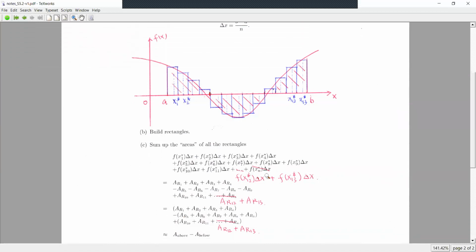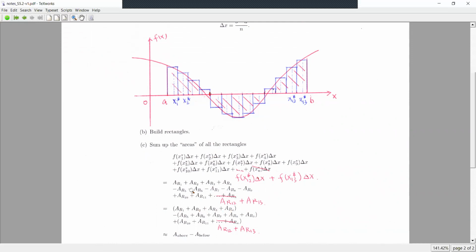From this diagram, rectangle 1, rectangle 2, rectangle 3, rectangle 4, the sum of their areas is an approximation of this region. This region lies above the x-axis.